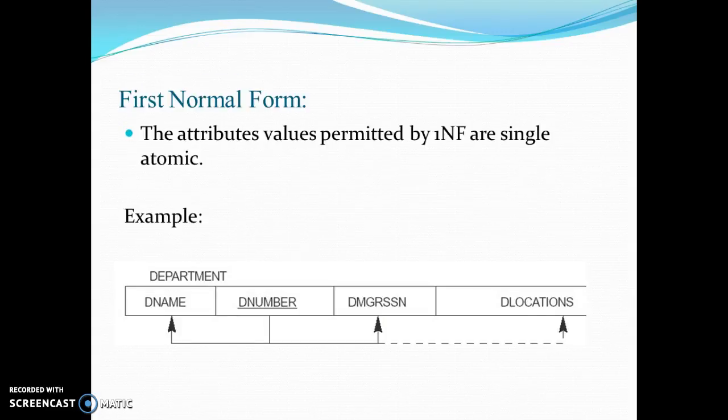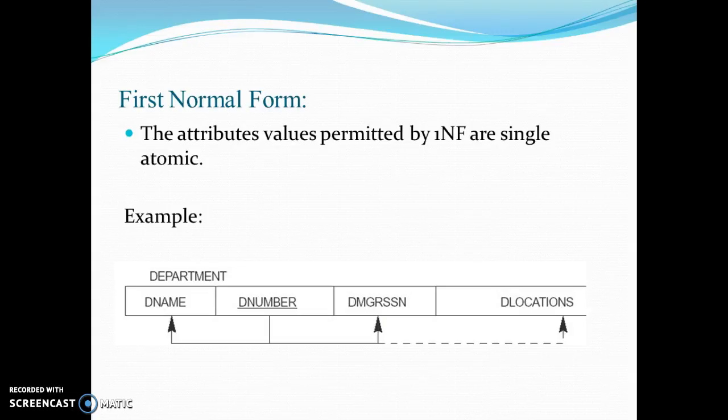The attribute values permitted by 1NF are single atomic values. Okay. First NF means atomic, meaning all the attributes should have one super key. Here is an example of a department. Here D name is there, D number is there, D MGR SSN means the management number, and the D locations are out there.